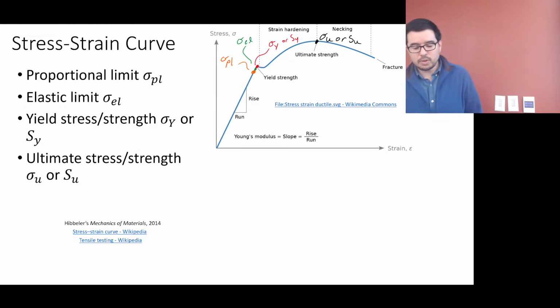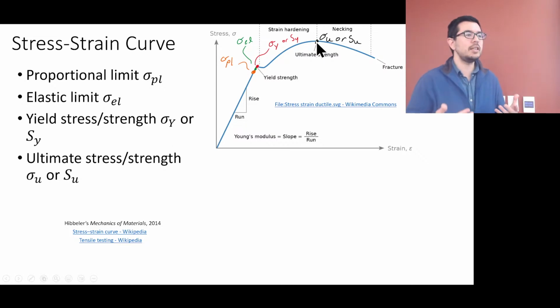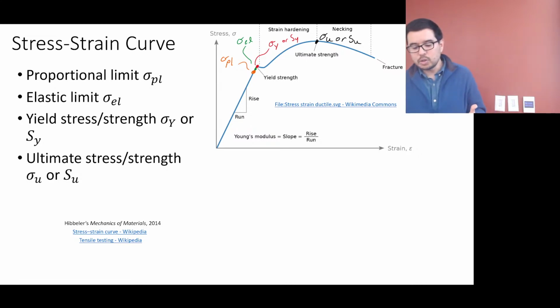The ultimate strength or ultimate stress, out here, is, as you guessed, the maximum stress that the material will handle. You don't want to be operating out here, usually. What you see is that the slope falls off and becomes flat. Do you know what that means?